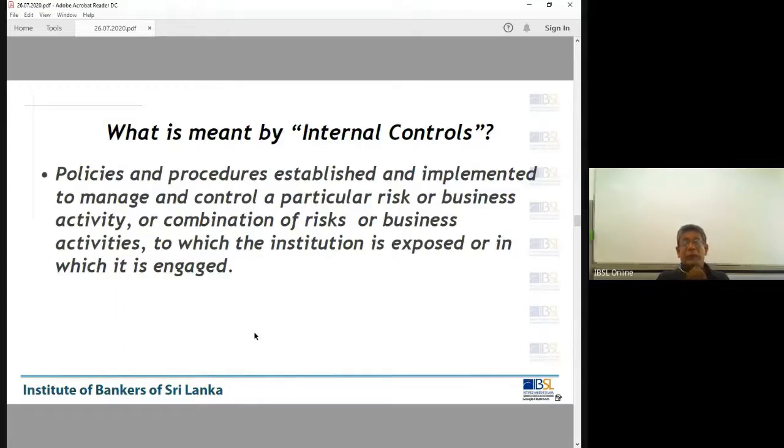So therefore, every organization, especially banks, must have internal control systems. The policies and procedures established in your organization to control a particular risk we call internal controls, right? Why are internal controls there in your organization?